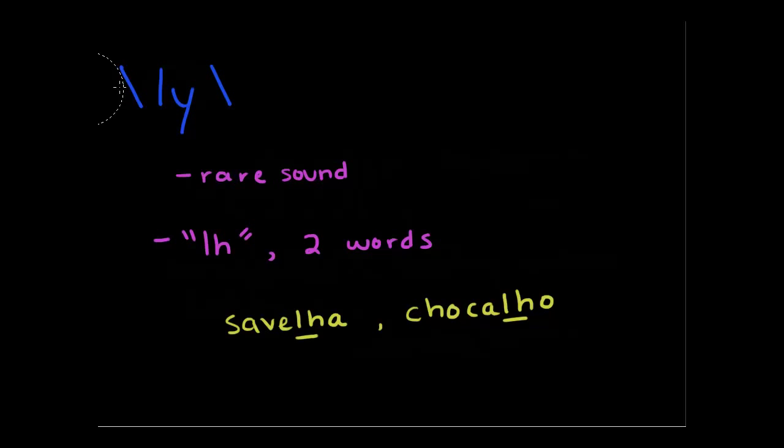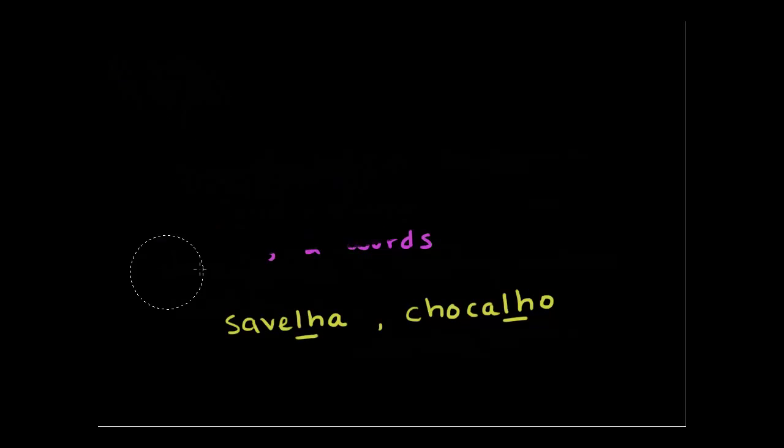And our next rule is very similar to this one. It's the nya sound, which is noted with ny for the pronunciation. The rule is almost the same thing. It's going to be NH in Portuguese for the nya sound. Now this sound is very common in all Romance languages, like Spanish.